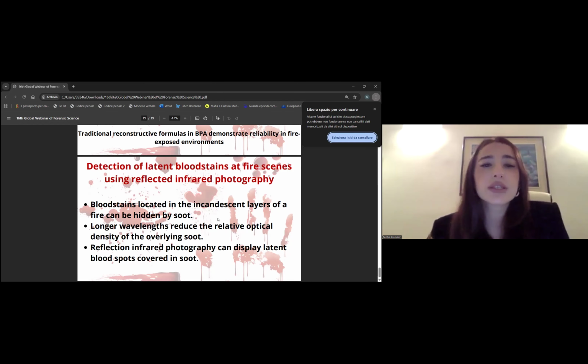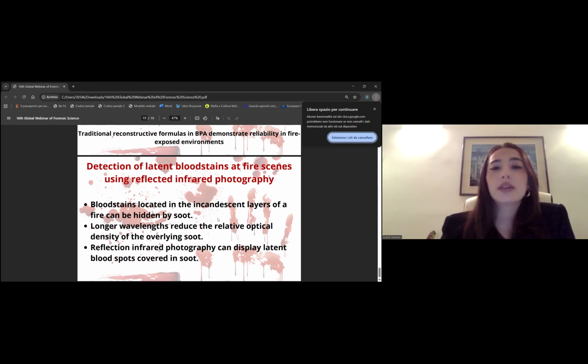The first one is that the material can absorb infrared radiation and become darker. The second one is that the material may reflect infrared radiation and become clear, the opposite of what I said before. The last case is that the material may transmit infrared radiation and become transparent.